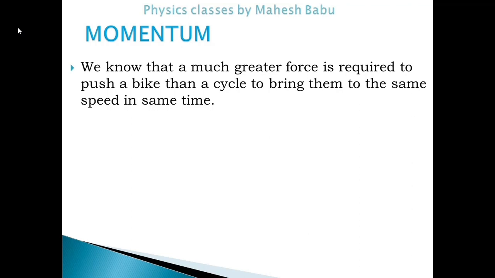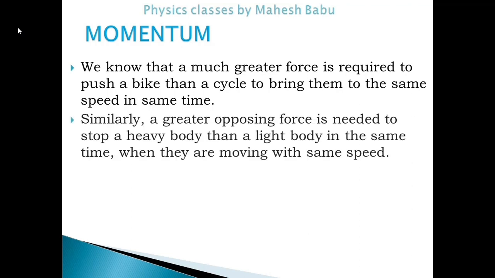If we want to push them to the same speed in the same time, for which should we apply more force? Obviously for the bike, because it has more mass, we need to apply greater force.